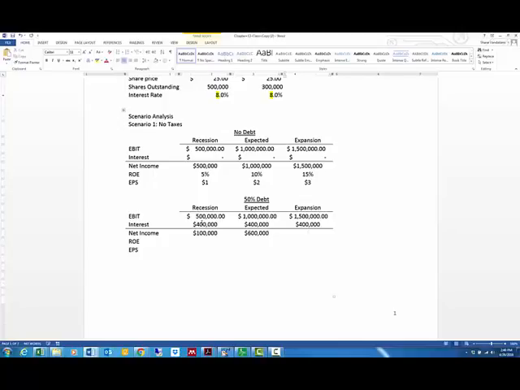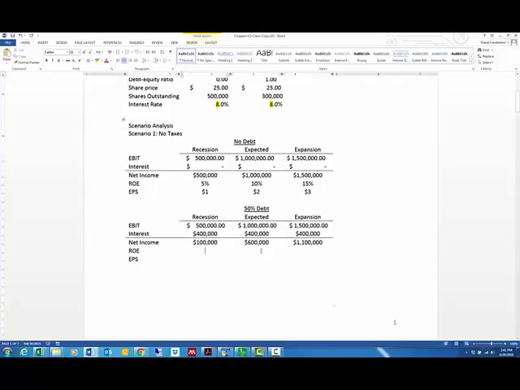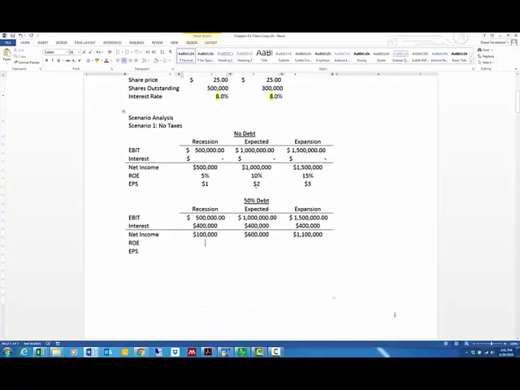And in the final case, it'd be $1.5 million minus $400,000, or 1.1 million. For the ROE, our equity in this case is the new amount of equity of $5 million.